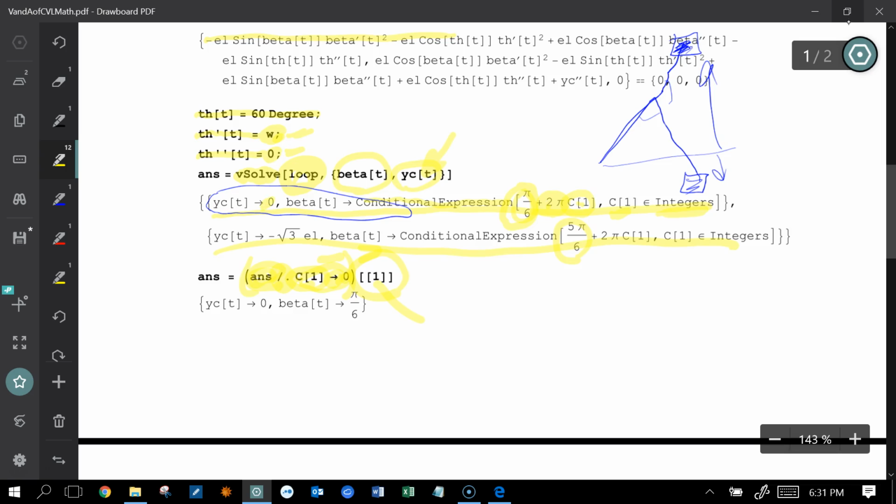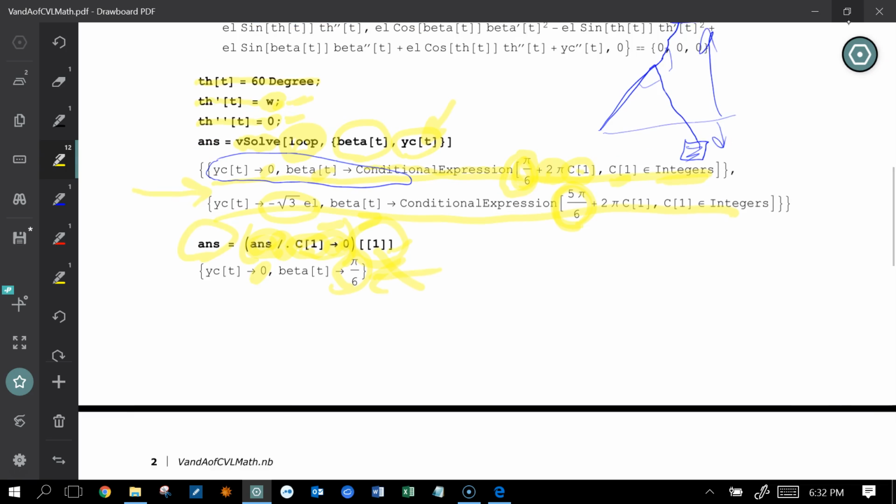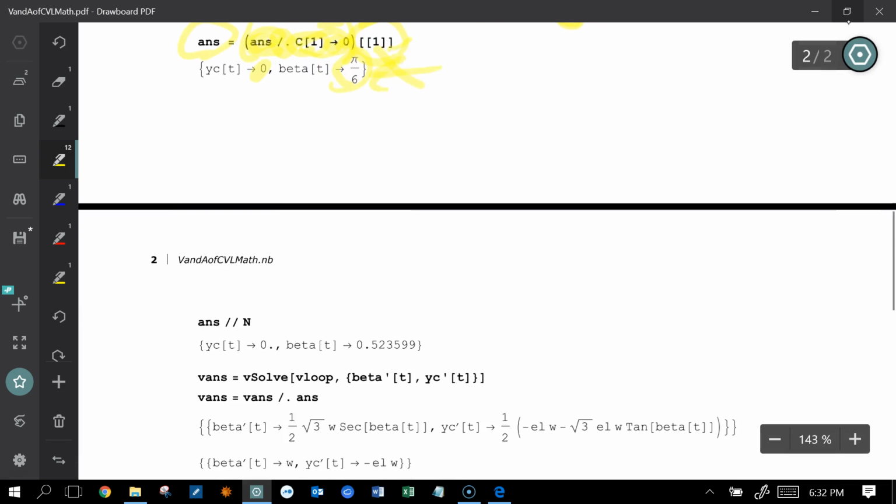It gave me that YC is 0 and beta is pi over 6. The second solution will be a negative y and 5 pi over 6. So I pulled off the first solution. My answer is the first solution here. I could just cut and paste it, that's the easiest thing to do, but if you want to be fancy, that's how you can be fancy.